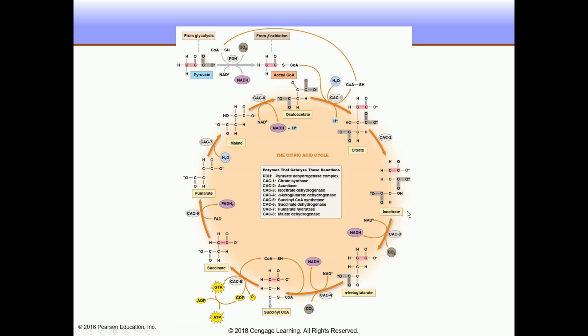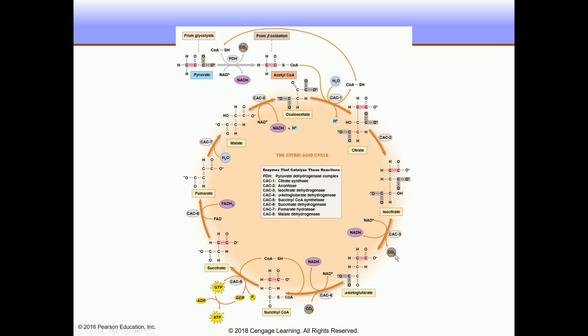After that, citrate is converted into a compound called isocitrate. Citrate and isocitrate are isomers. This takes place with the help of the enzyme called aconitase. Then isocitrate is converted to alpha ketoglutarate. In this reaction, first of all, there is a loss of one molecule of carbon dioxide.